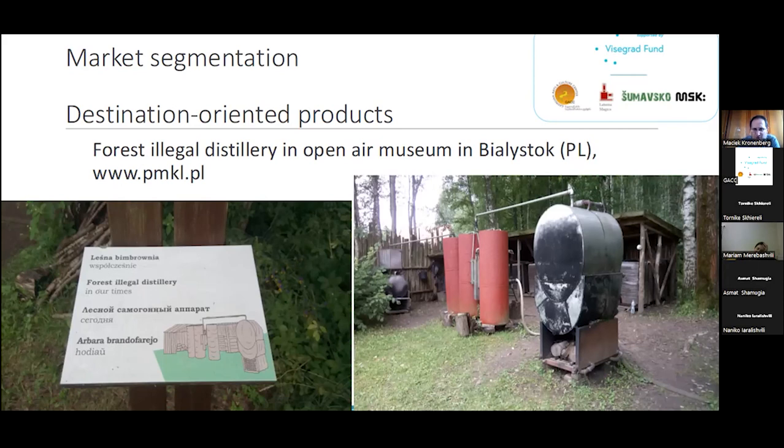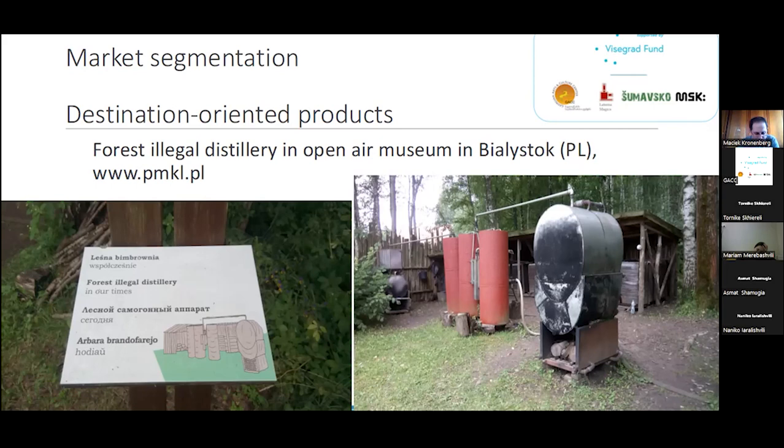And if we talk about illegal distilleries in Poland, the most important area where the tradition is still being cultivated is the eastern part of Poland. From time to time, there is news in the newspapers or on the internet that another big-scale illegal distillery was found by the police, and a huge amount of alcohol was confiscated.